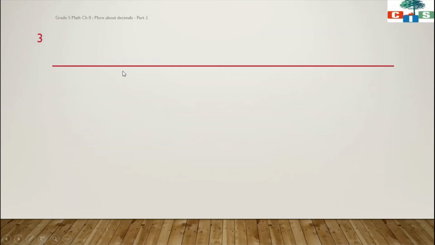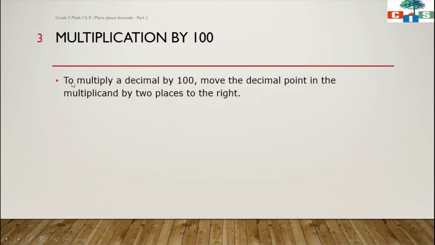Now scholars, we will see multiplication by 100. It means when the multiplier is 100, what we have to do, we will learn here. To multiply a decimal number by 100, move the decimal point in the multiplicand by 2 places to the right.